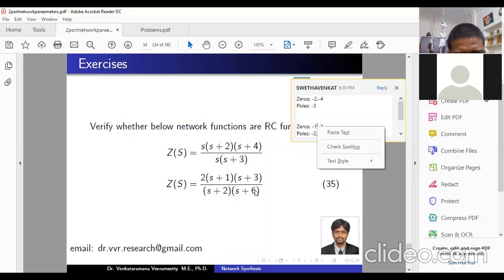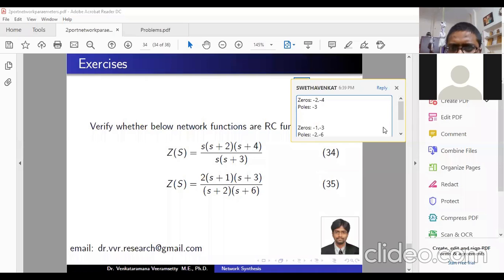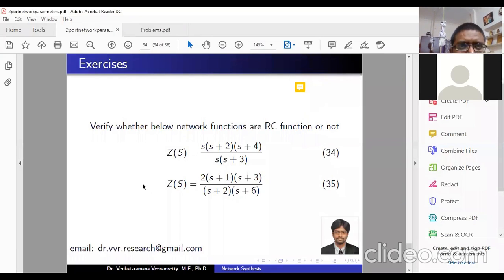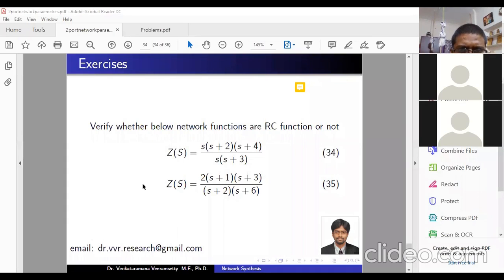Suppose I place 7 here instead of 1. Suppose the network function contains the 7 here.